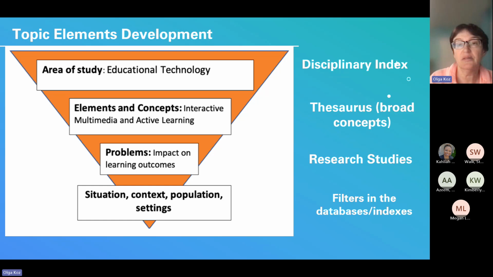And again, I can show you how to filter by elements like population, setting, or context in a database. Most of the indexes allow you to filter. So in the end, you will see a list of research studies that have these two concepts together, solve this problem, and within a particular context and population.